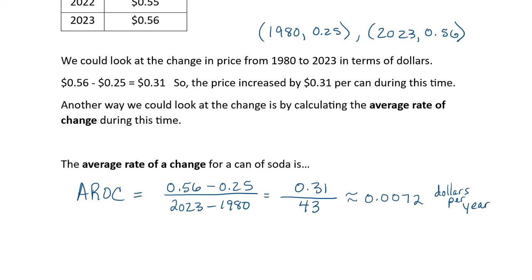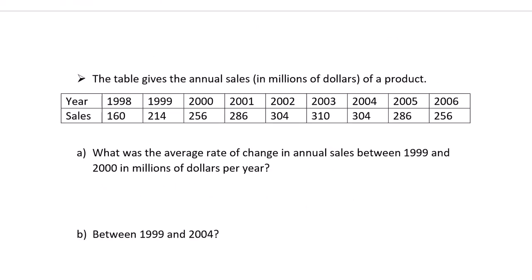In fact, if you would start with your price in 1980 and add this amount, try adding the unrounded amount that's in your calculator, add that 43 times, you would get to the cost of a can in 2023 of 56 cents per can.